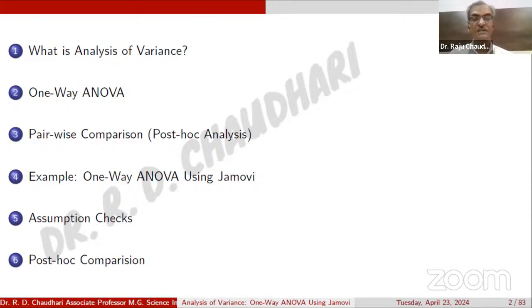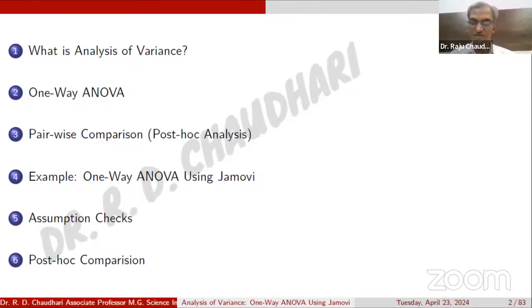This is about the theory of one-way ANOVA, and then we will discuss with the help of some example how to carry out one-way analysis of variance using Jamovi. In almost all the statistical techniques, the majority of them have some number of assumptions.